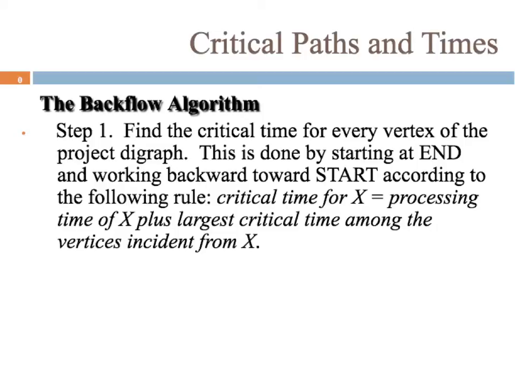We start at the end point and work our way backwards towards the starting point according to this rule: the critical time for x equals the processing time of that vertex plus the largest critical time among the vertices incident from x. I know that's a lot to take in all at once. It'll make much more sense when we do an example.